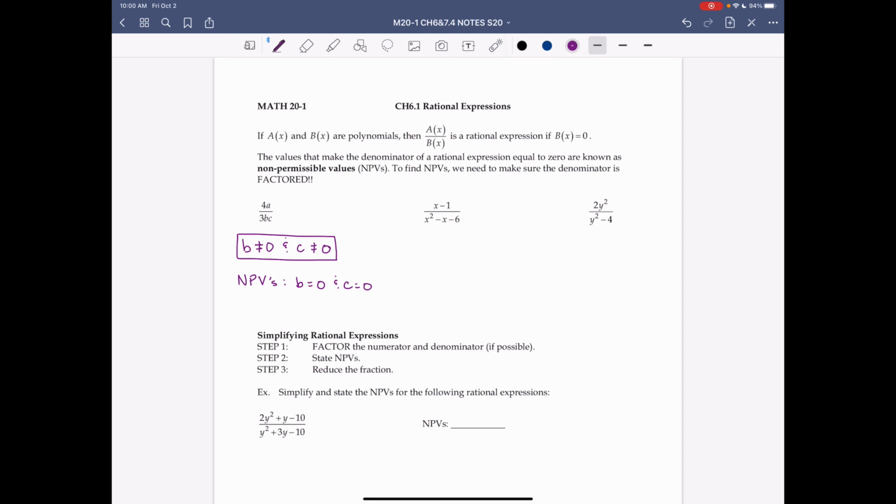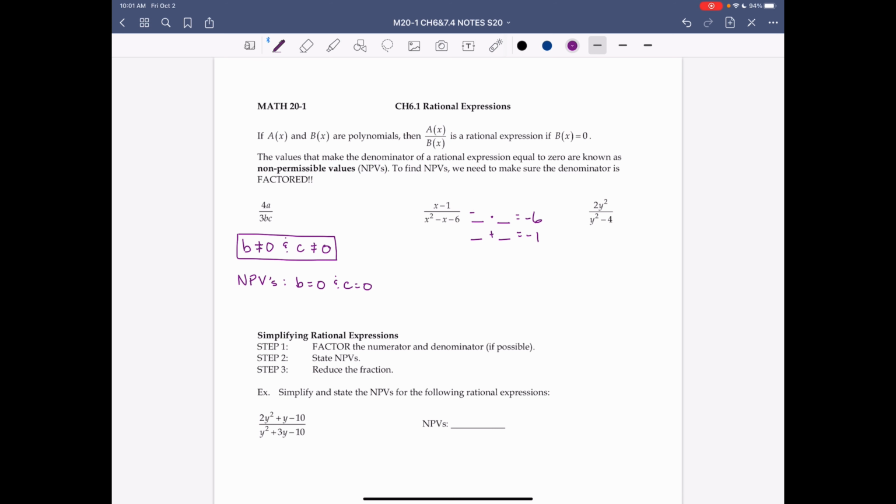Next one, x minus 1 divided by x squared minus x minus 6. We need to factor the trinomial on the bottom. We want two numbers that multiply to negative 6 and add to negative 1. They're one negative and one positive because they multiply to a negative and then they add to a negative, so the negative one would have to be bigger.